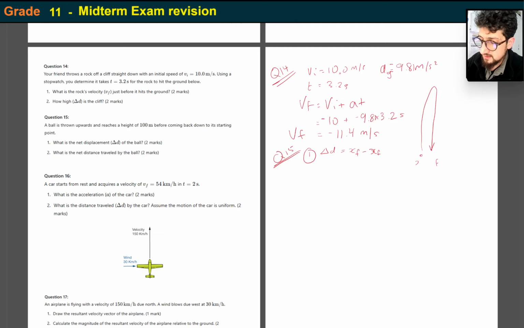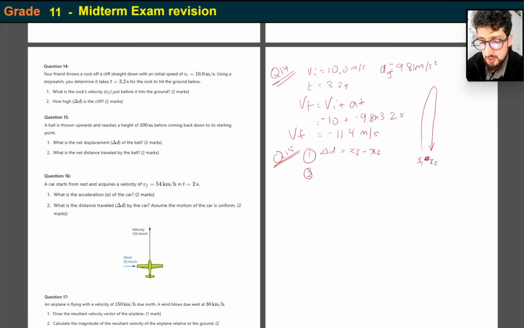Sorry, this is a bit confusing. Here's xi and xf. They're the same point. So you throw it up and it comes back to the same point. And so it's zero. Obviously, the displacement is going to be zero because displacement is the shortest distance between 2 points, and it came back to where it started, therefore zero.